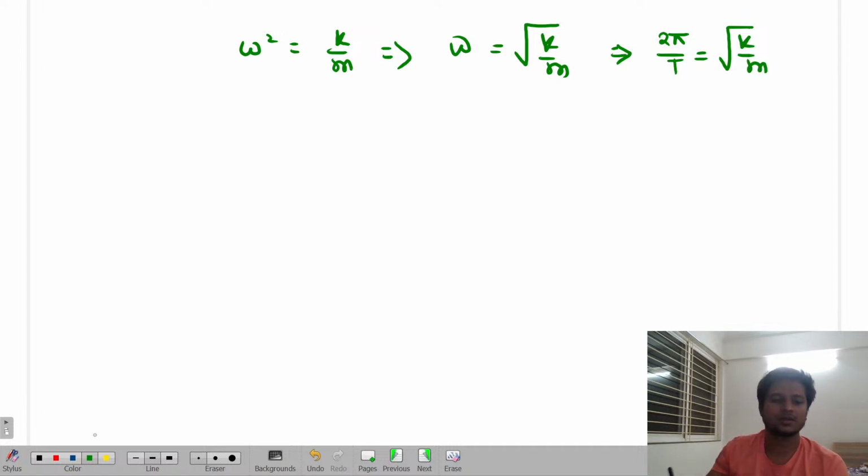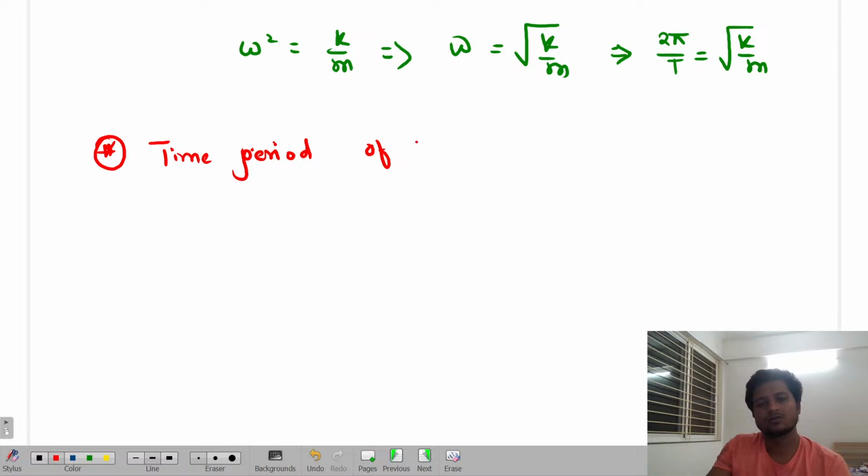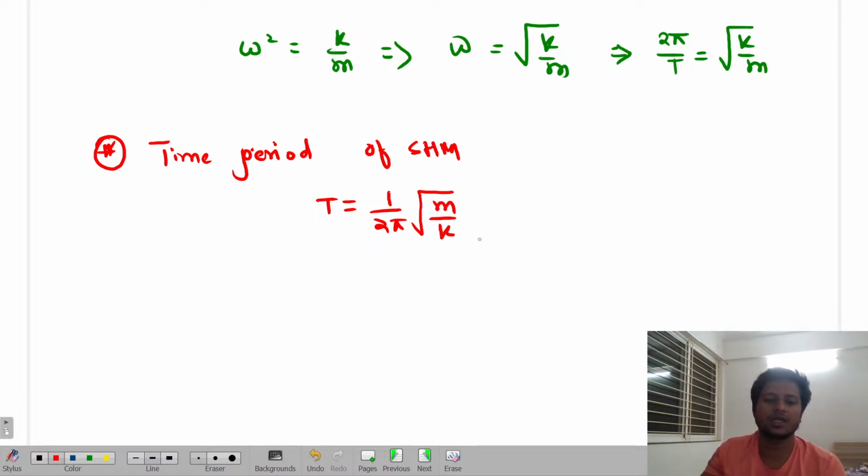So basically the time period in this case of SHM must be given as T is equal to 2 pi root under m by k. In which case? SHM case. Which case, guys?